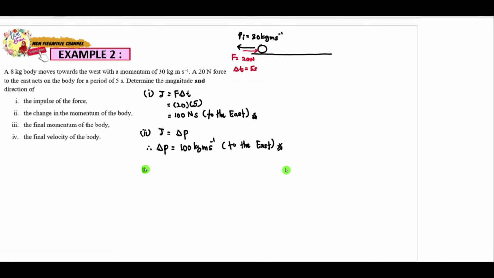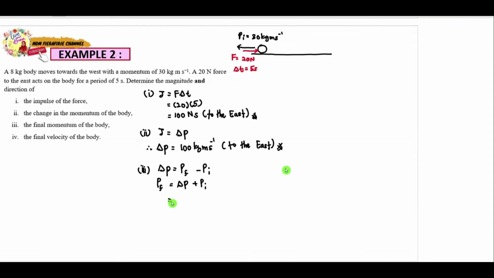Okay, and number 3, we want to calculate the final momentum, since delta p is equal to final momentum minus initial momentum. So we can calculate final momentum is equal to delta p plus p initial. Alright, so now let's substitute all the values.